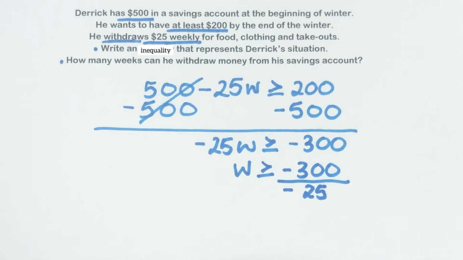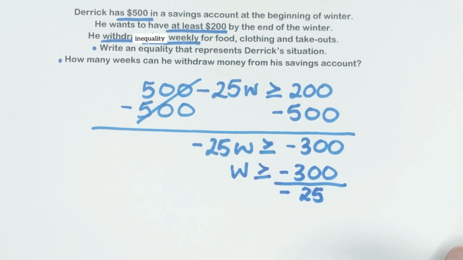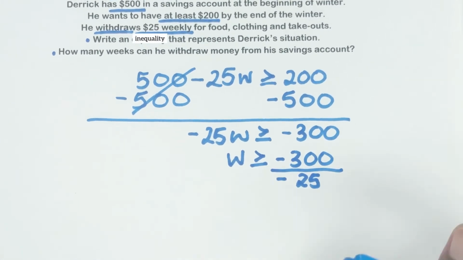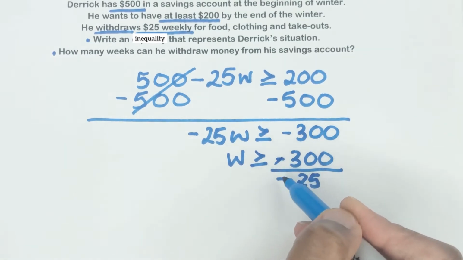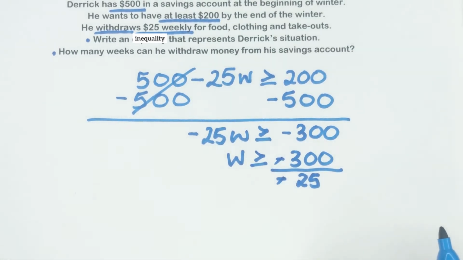Right? So now we have to know, okay, so how many times does the minus 25 go into, or how much does 25 go into 300, right? Because what's going to happen here is when you divide and you have minus signs, these cancel. So how many times does 25 go into 300? It goes 12 times.